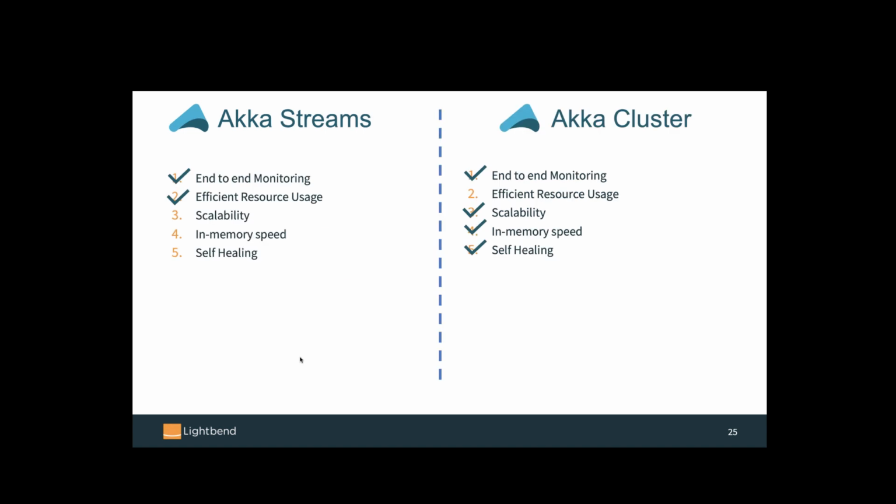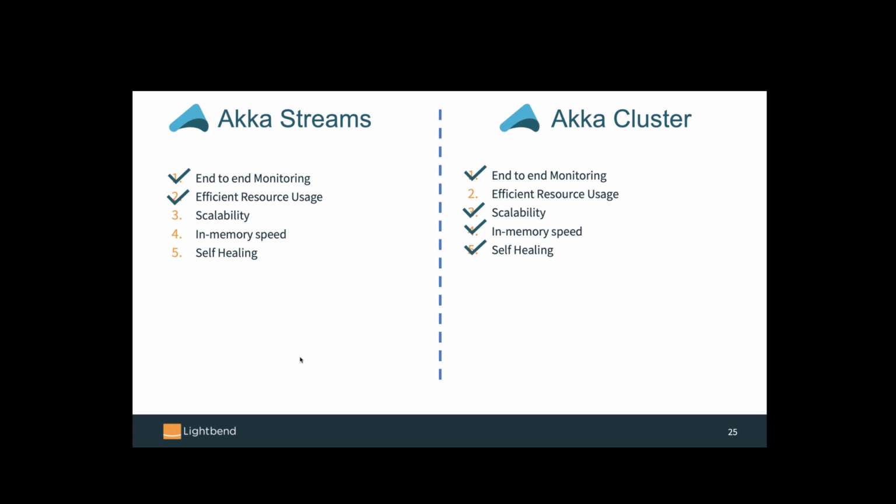So from our list at the very beginning are 5 points that are extremely important for building really amazing reactive applications. Akka Streams gives you end-to-end monitoring and efficient resource utilization. Akka clustering also has some really nice features for monitoring when it comes to being able to monitor all of your nodes. But more importantly, from the clustering side, clustering gives you scalability, adding and removing nodes.